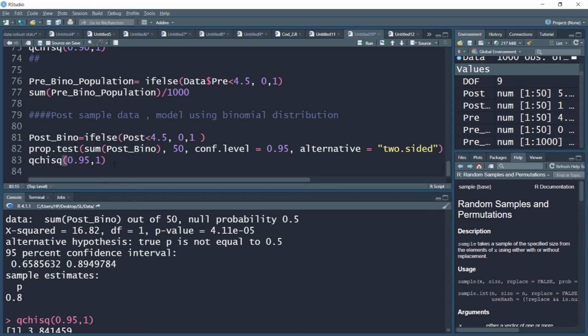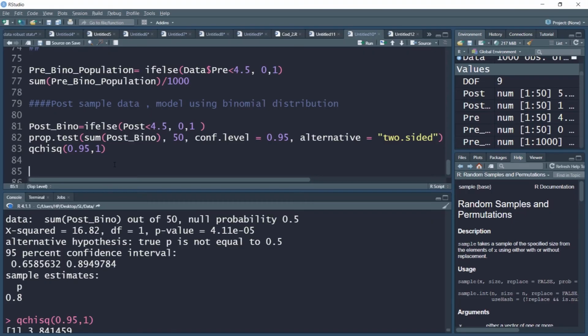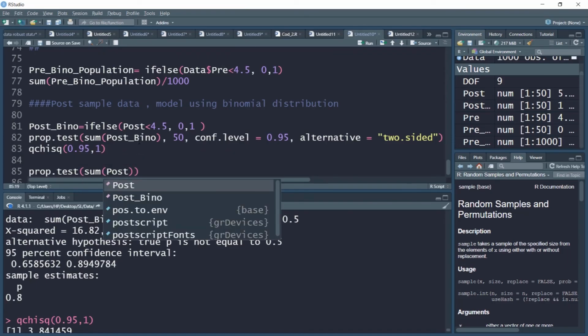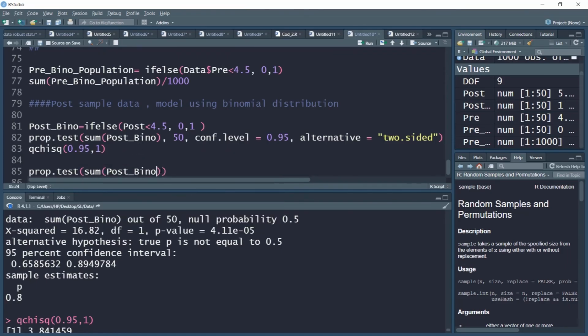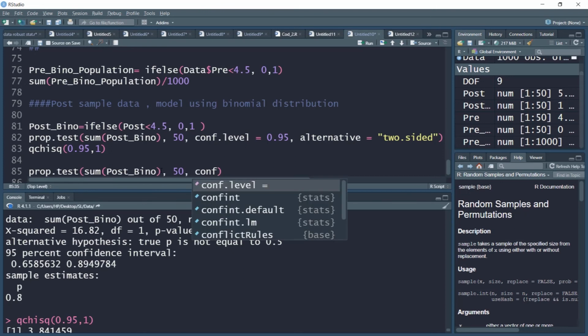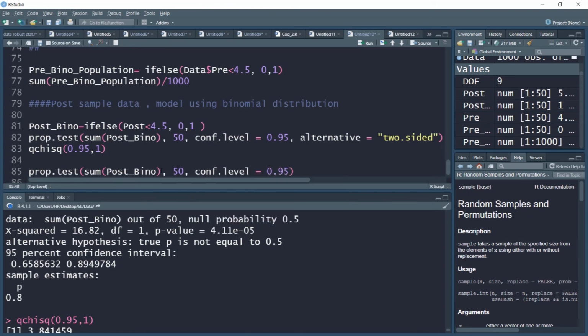So with this, we move towards a more precise test, a one-tail test, to establish whether the probability of finding an individual with a 0 or 1 score is more than 50% or less than 50%. So we'll again conduct our prop.test on the post bino variable summation. 50 is the sample size and the confidence level is 95%.